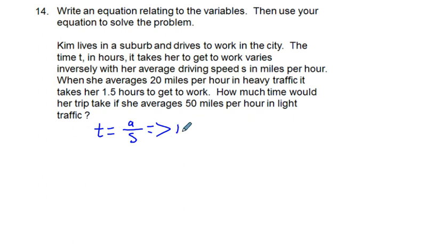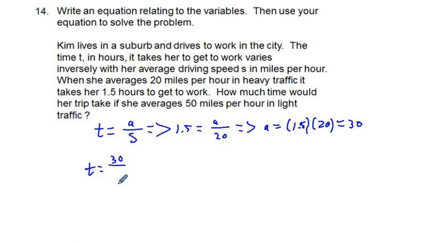So t is 1.5 equals a over 20 miles per hour. A is equal to 1.5 times 20, which equals 30.